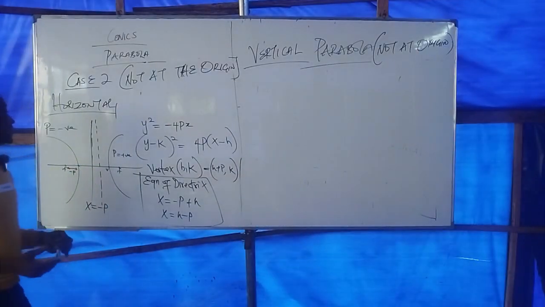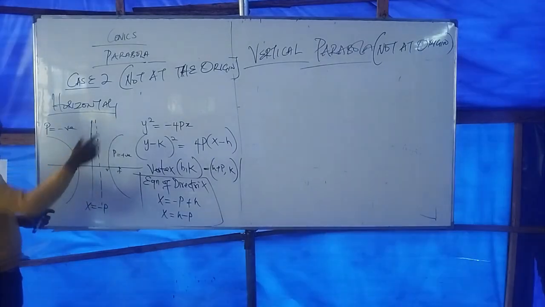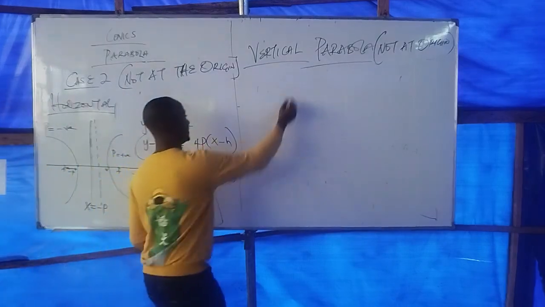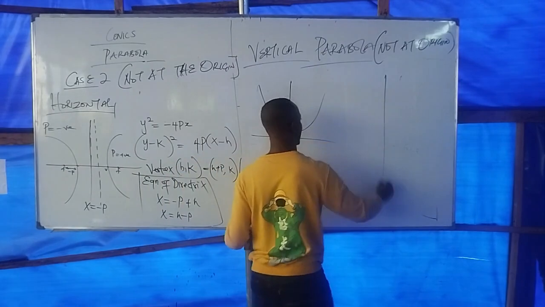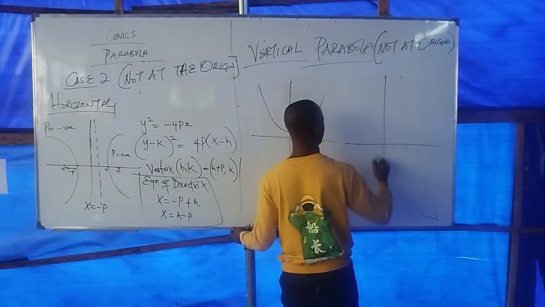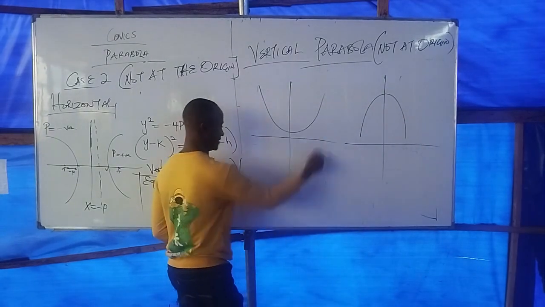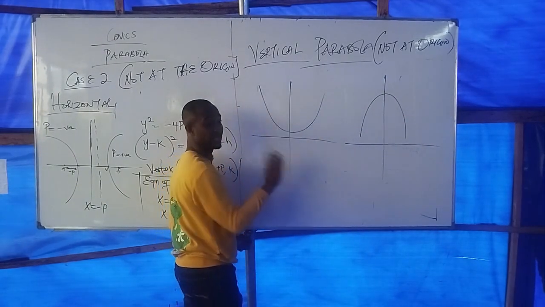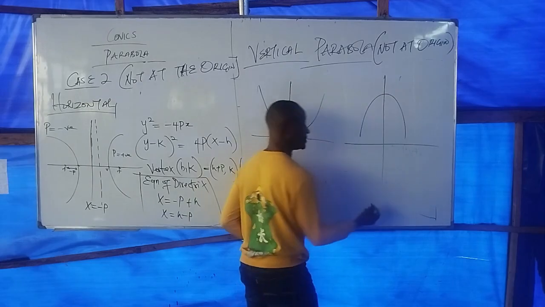We can use the concept I've used to explain the parabola to also explain this. If the parabola is of this kind, then another parabola may possibly be of this kind. This curve can either be here or here, the same p-value.